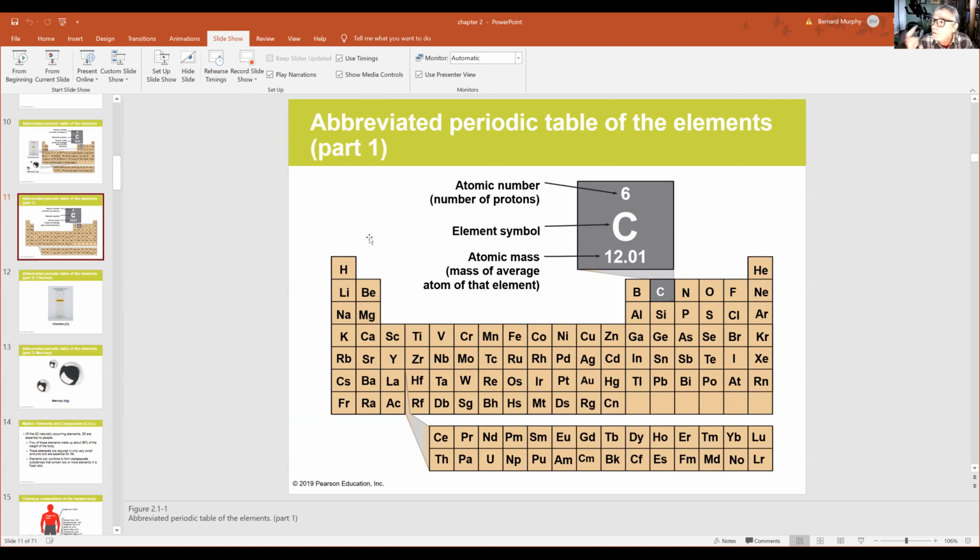And also in column 2, 2 valence electrons. Is it easier to gain 6 or get rid of 2? They get rid of 2. So magnesium can get rid of 2 electrons, give them to 2 chlorides, and form a compound called magnesium chloride.